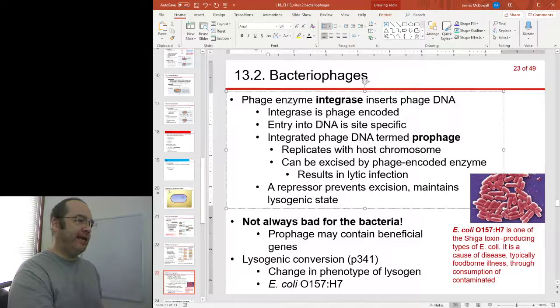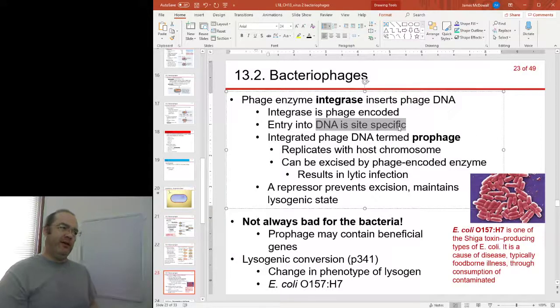Entry into the DNA is quite specific, and in general bacteriophages are themselves very specific, whether they be lytic phages or temperate phages. There are lots and lots of different kinds of bacteria, and there are lots and lots of different kinds of phages.